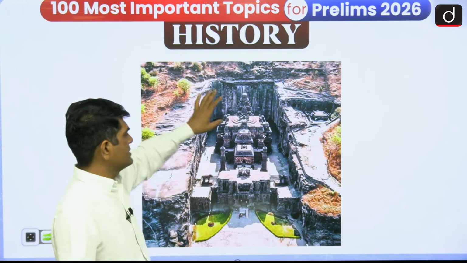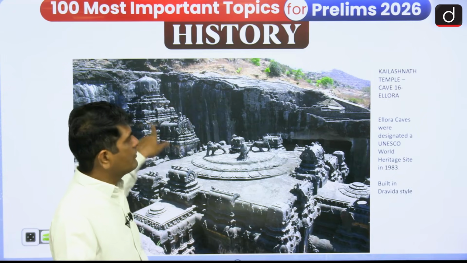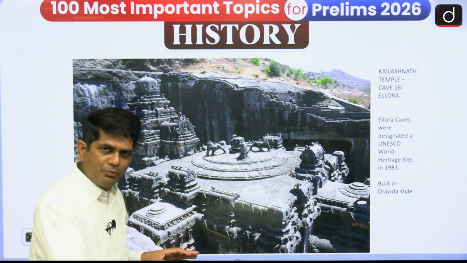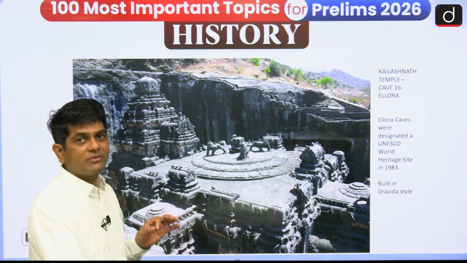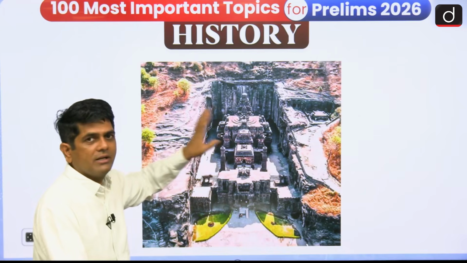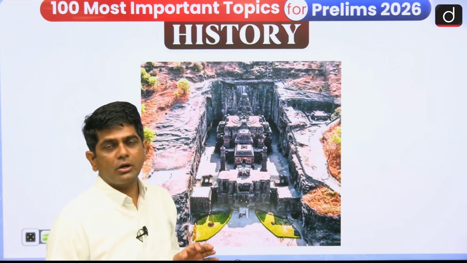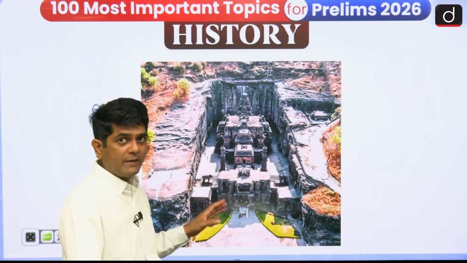Ellora, this is cave number 16, and here we have what? We have the Kailasnath temple built by Rashtrakuta ruler Krishna first, and this Kailasnath temple represents the climax, the epitome of rock cut architecture, not only for India but for the entire world.